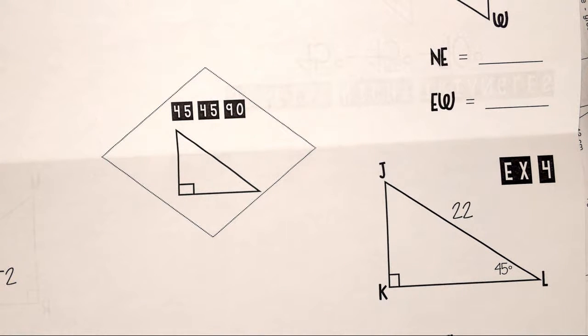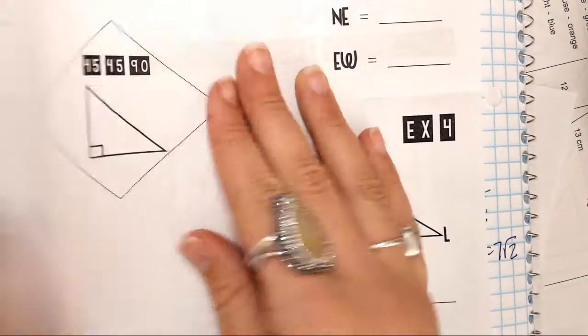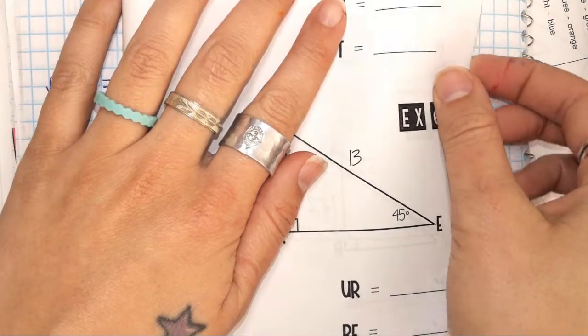Oh, wait, there only have two? Yes. Alright, so I opened it back up. Then I'm going to fold it this way. Ooh, I folded it backwards. That's okay.